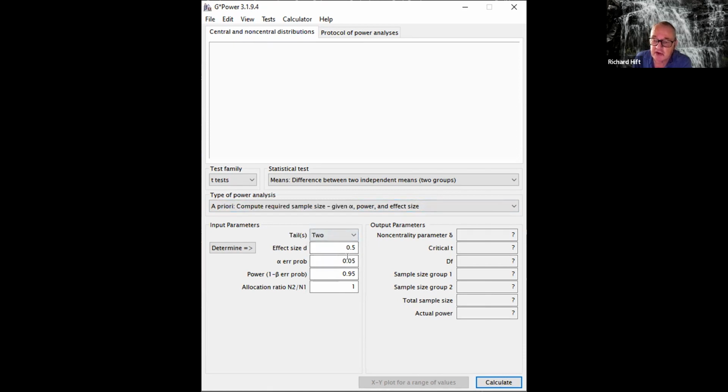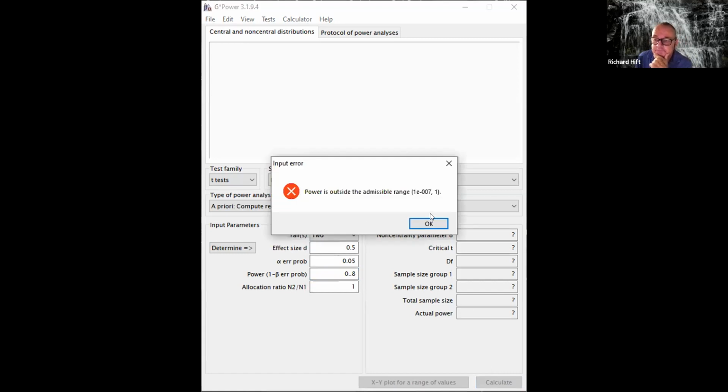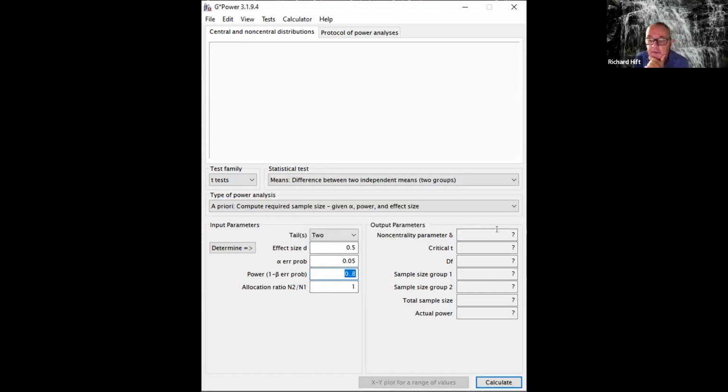Remember that effect size, that's Cohen's D. That includes both the difference and the standard deviations. And as we've said, a standard figure would be a power of 0.8. The sample sizes are the same.